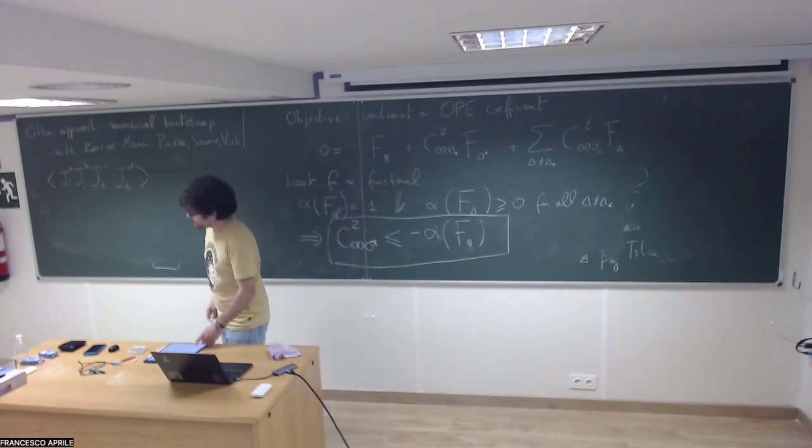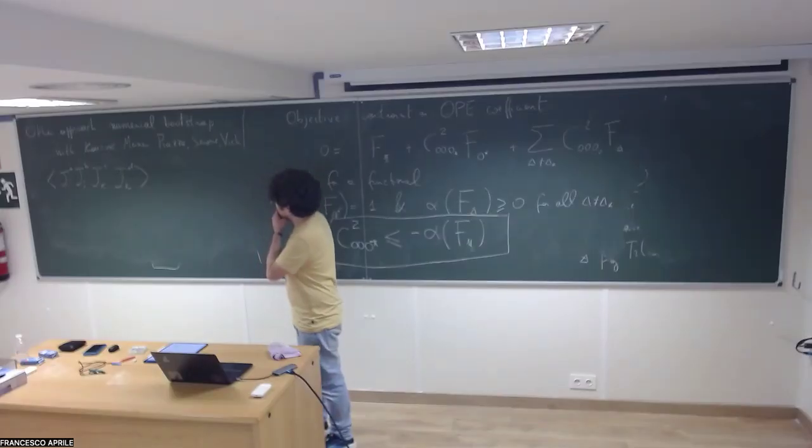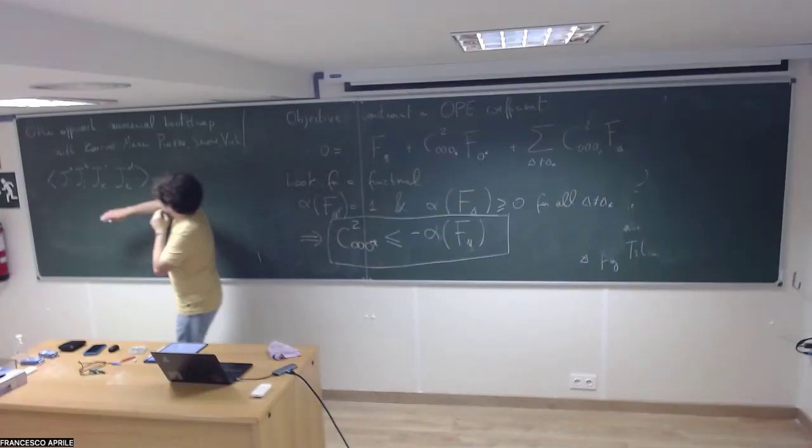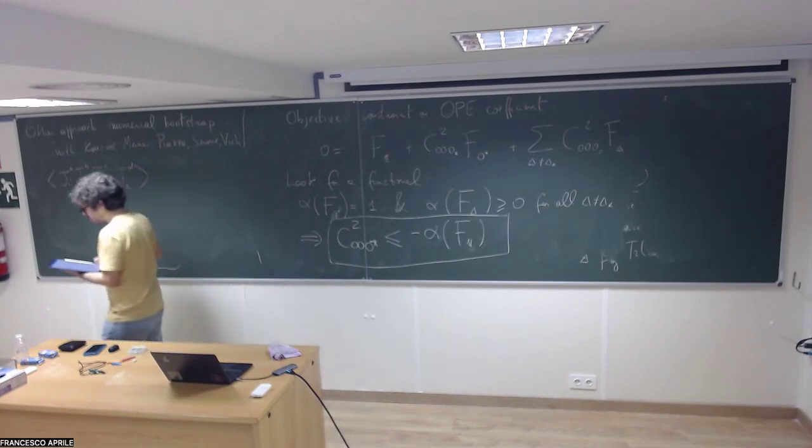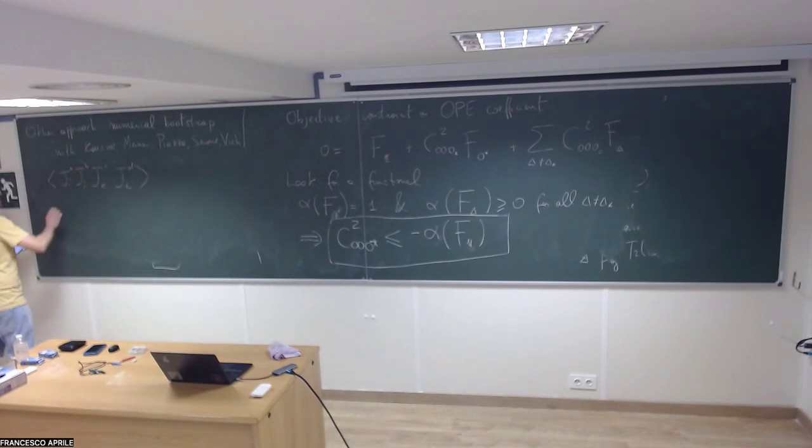But in particular, we impose the crossing symmetry constraint in this, and in particular, I want to mention that there is one interesting exchange in this four-point function, which actually tells you the leading deviation from the generalized free theory.